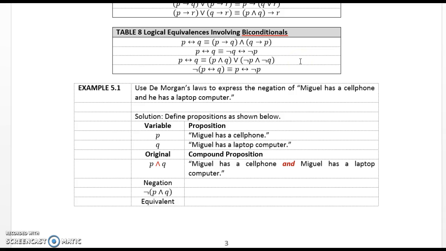The first being P if and only if Q is equivalent to P implies Q and Q implies P. P if and only if Q is equivalent to not Q if and only if not P. P if and only if Q is equivalent to P and Q, or the quantity not P and not Q. And finally, the complement of P if and only if Q is equivalent to P if and only if not P.